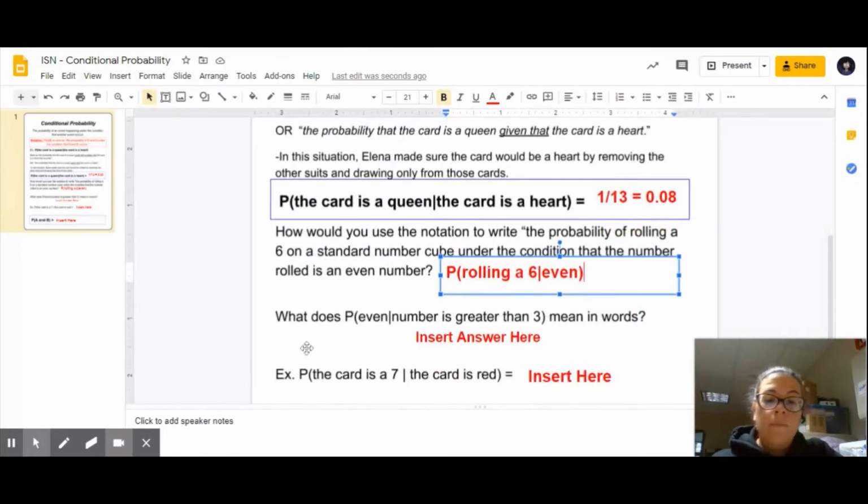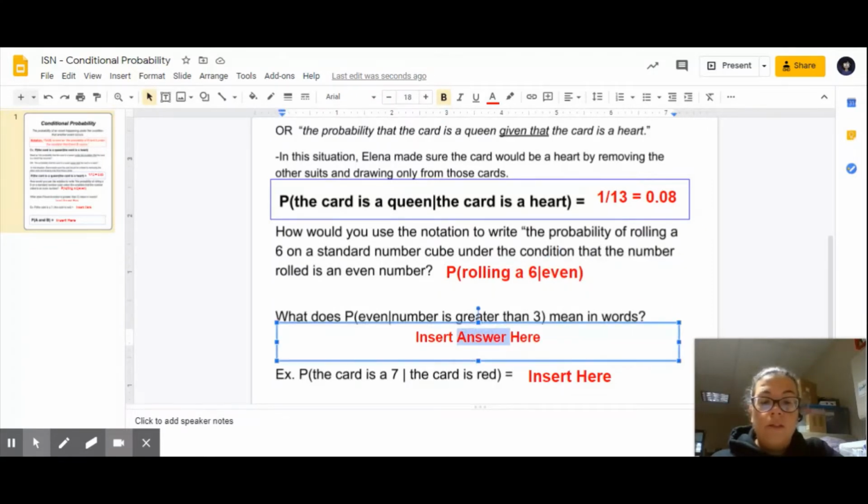Okay? So what does probability of even slash number is greater than 3 mean in words? Let's write this out. The P stands for probability, so we're going to say the probability of rolling an even number given that you have rolled a number greater than 3.